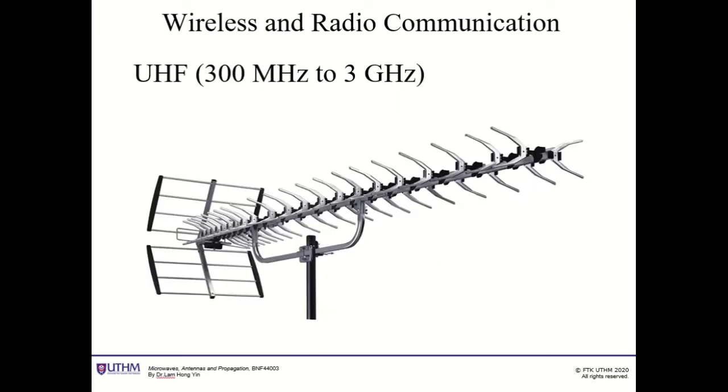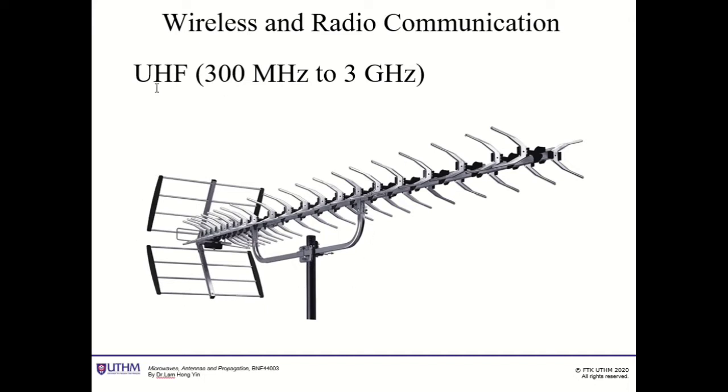So this is an example of an antenna, the Yagi-Uda antenna, or you can call it a fishbone antenna. The scientific name is Yagi-Uda antenna, because the designers of this antenna are Yagi and Uda from Japan.